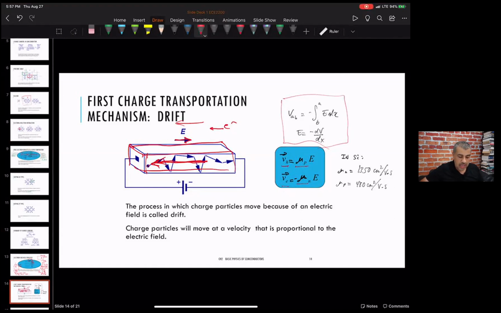And it turns out in silicon, the mobility of electrons is much higher than the mobility of holes, by a factor of 2 or 3. It honestly depends on the doping concentration, the material, the temperature, and a whole bunch of other stuff, but it's always kind of around that. That's only important later on, as we'll see.